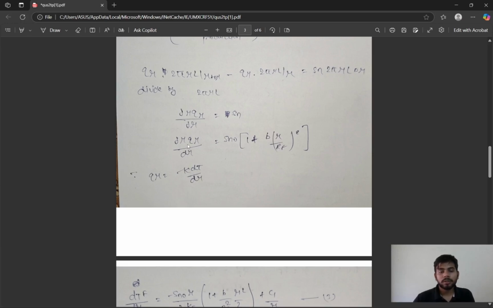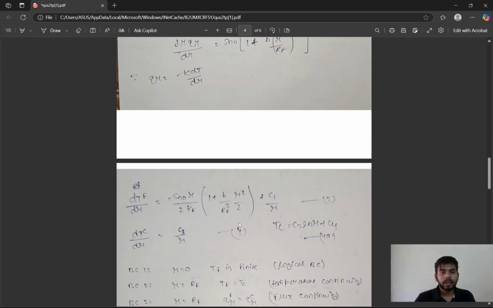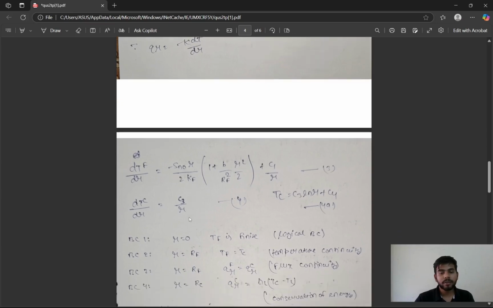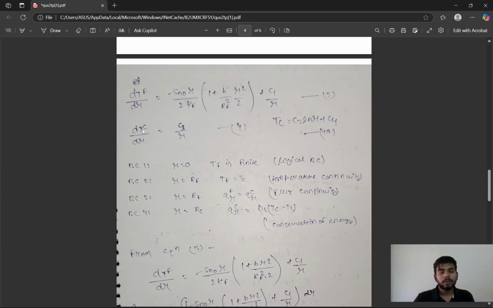And from Fourier's law of heat conduction, we know q_r equals minus k dT/dr. We have calculated dT_f/dr equals minus S_n0 r divided by twice k_f, all multiplied by (1 plus B r² divided by twice R²), plus C1 by r, where C1 is the constant of integration. Same thing we have done for the cladding, that is dT_c/dr equals C3 by r, where C3 is an integration constant.